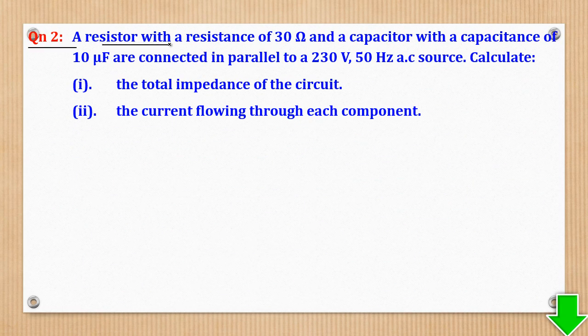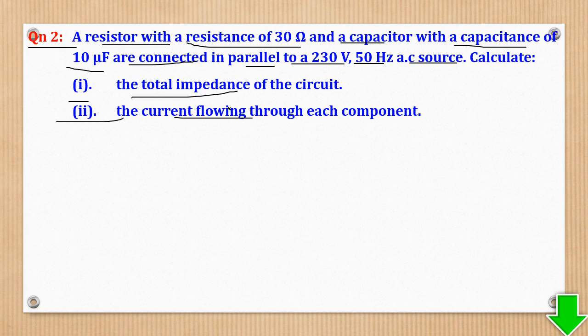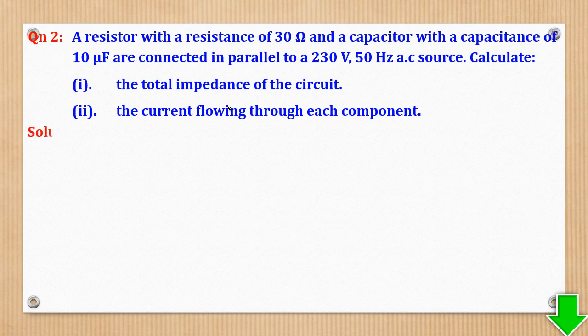Question 2, a resistor of resistance 30 ohms and a capacitor of capacitance 10 microfarad are connected in parallel to a 230 volt 50 Hz AC source. Calculate Roman 1, the total impedance of the circuit, and Roman 2, the current flowing through each component.